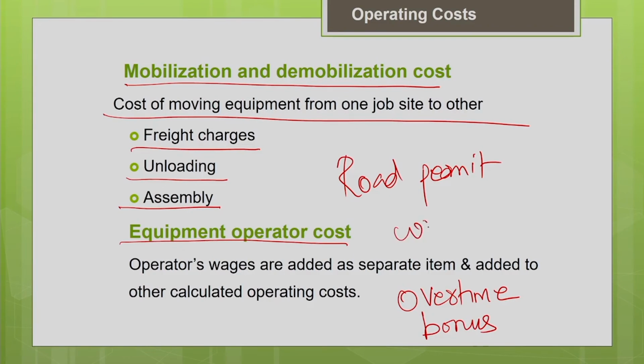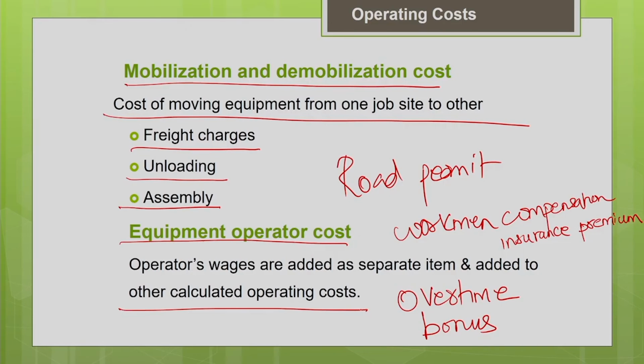Even the workman compensation insurance premium, which the employer pays on behalf of the employee or the worker, is included. So everything is included in this operator cost, and you have to calculate the corresponding hourly operator cost. Operator wages are added as a separate item to the other calculated operating cost.